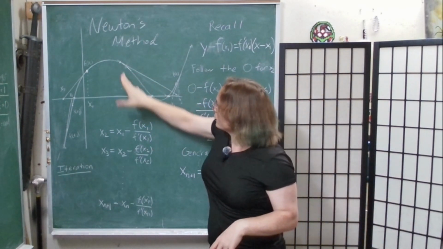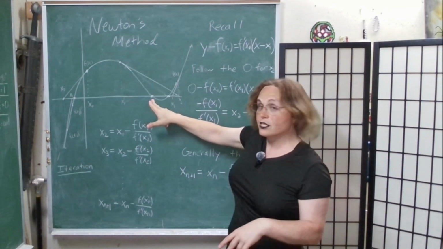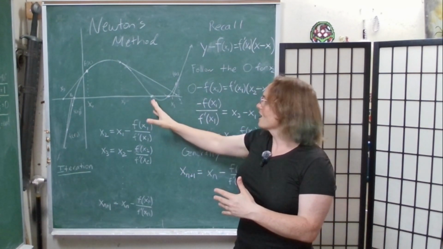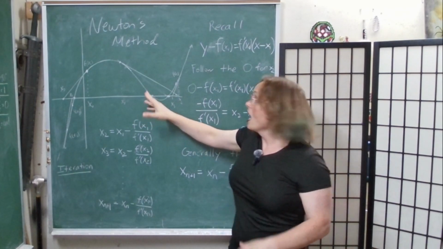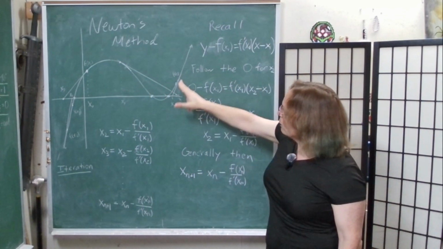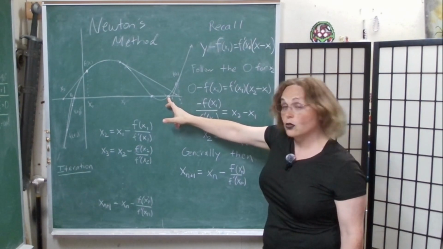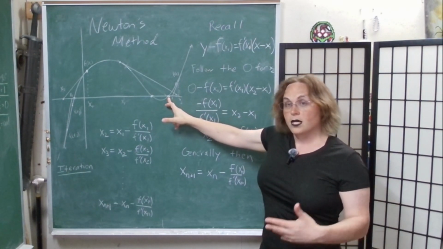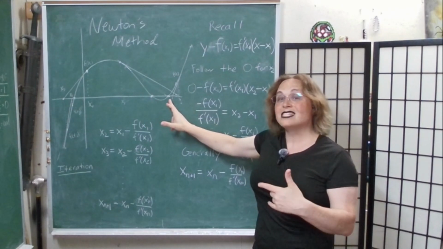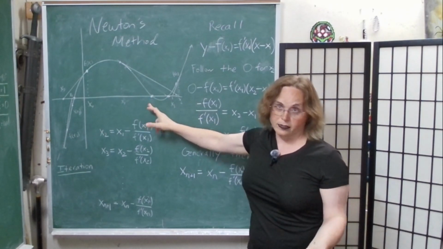So in this situation, we picked an x here looking for this zero, but we picked an x that was convenient for calculation, but not close enough to where that zero was. And so what happened was we ended up finding this x, which got us here, which does get us closer and closer to this zero, but that's not the zero we were looking for. So we found a zero, but not the zero we wanted, right?